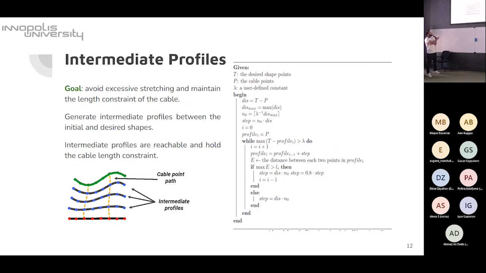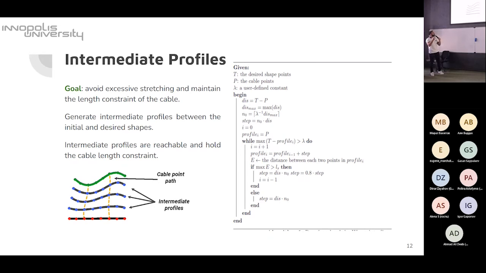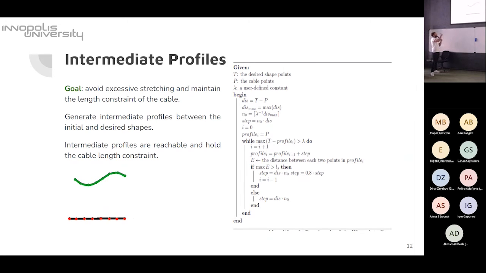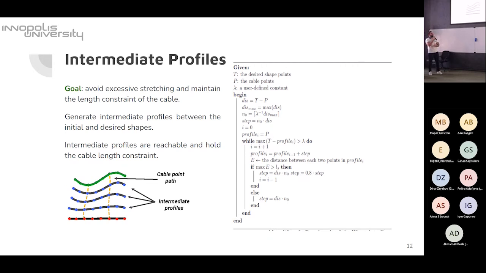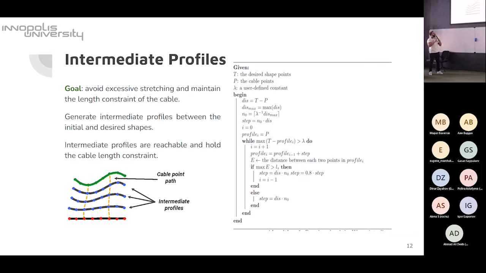So here we introduced an intermediate profile algorithm, which can also be considered the waypoints of each cable point. This method generates a cable profile that leads from the initial to the desired one as intermediate profiles, and these intermediate profiles are all reachable from the robots and within the cable length constraint.